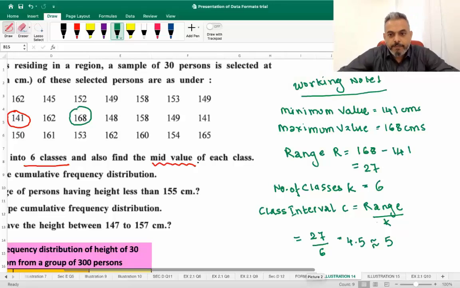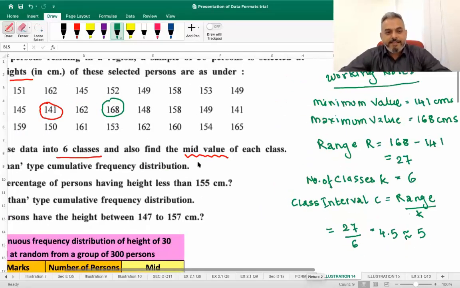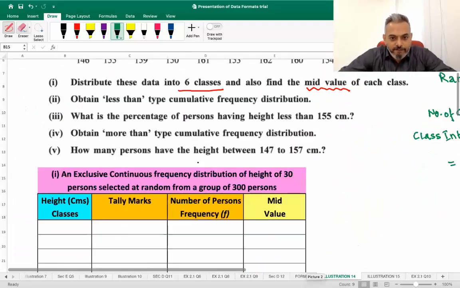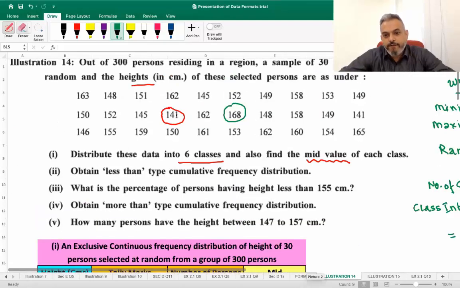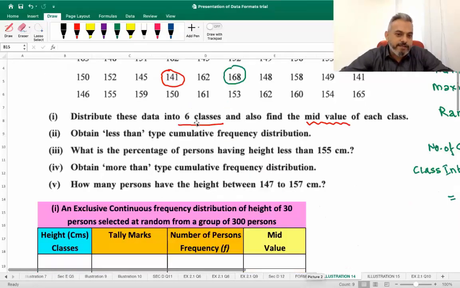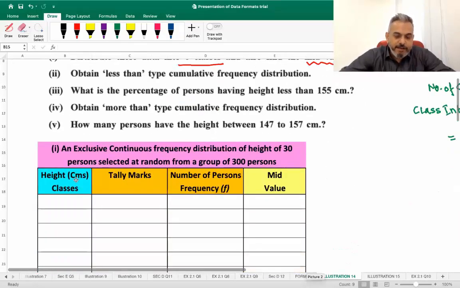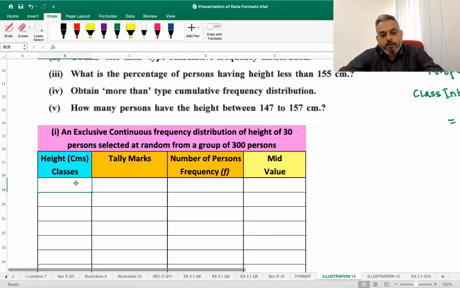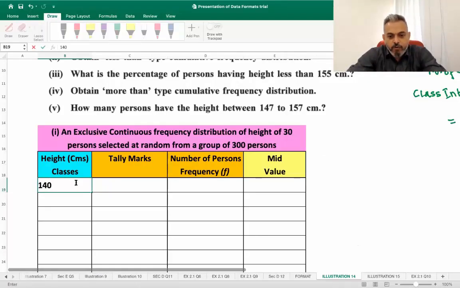The sum. Class length is 5 and we want the 141 observation to be covered in the first class. So first class we can take 140 to 145, so it will cover 141. Class length is 5.